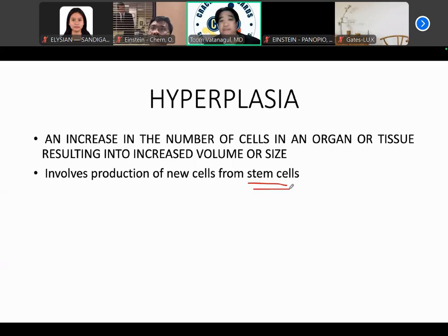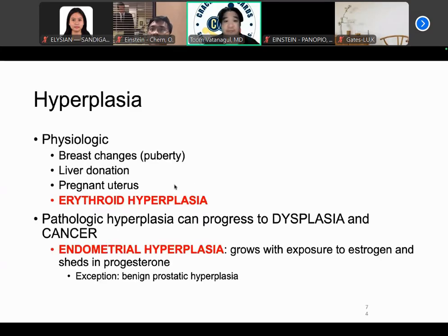Very good, we call them the pluripotent stem cells.